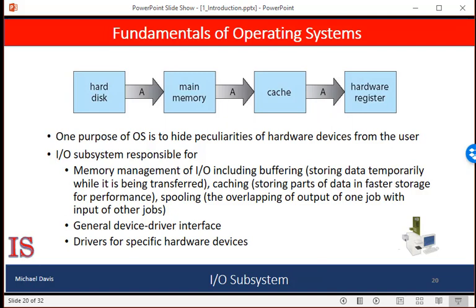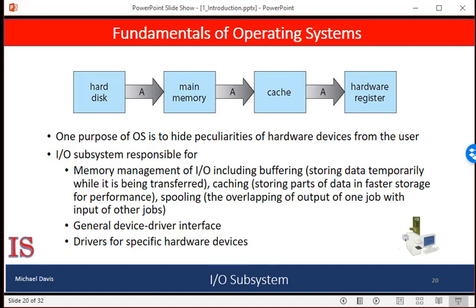The movement of information between levels of the storage hierarchy may be either explicit or implicit, depending upon the hardware design and on the controlling operating system software. For instance, data transfer from cache to CPU and registers is usually a hardware function with no operating system intervention. In contrast, transfer of data from disk to memory is usually controlled by the operating system.